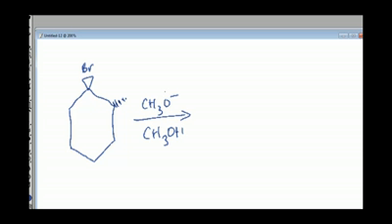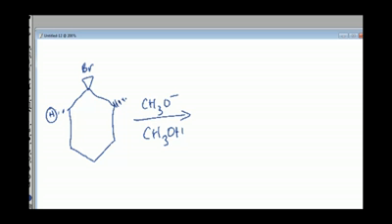What's going to happen is we're going to abstract an anti-coplanar hydrogen. So because of this methyl group right here being into the page, that means the hydrogen is coming out at you, and it's not going to be anti to this bromine. However, on this side, we have two hydrogens, and one of them indeed is going into the page.